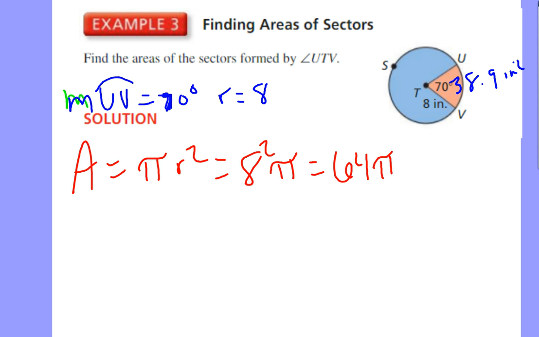So roughly speaking, 64 times 3.14 gives us approximately about 200.96.